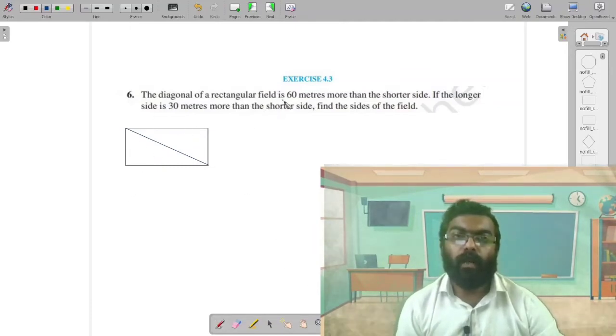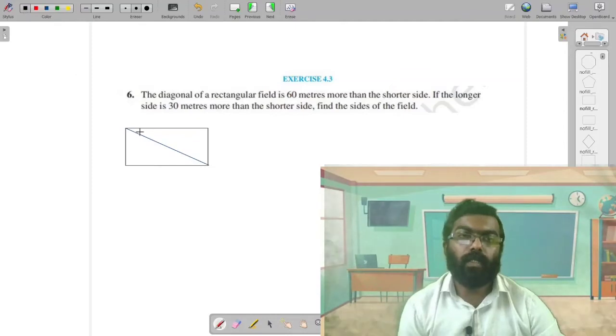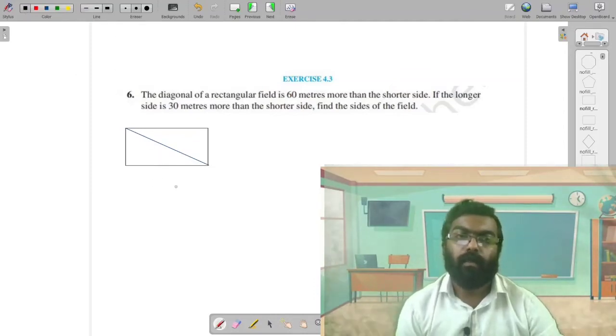Okay, the diagonal of a rectangular field is 60 meters more than the shortest side. So we can take the shorter side as x. Then what about the length of the diagonal? It will be 60 meters more than the shortest side. So we can write x plus 60.